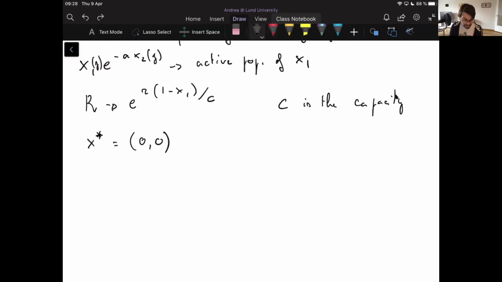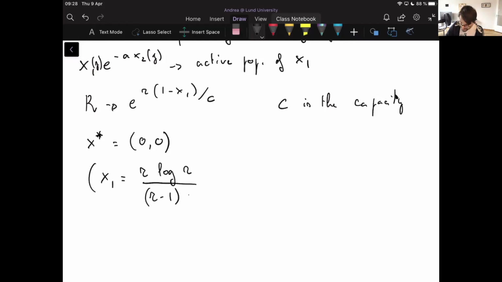But there is another fixed point. So I don't know how to denote that this is the one of the two fixed points that we have in this system. So I give you as an answer the fact that X1 is equal to r logarithm of r divided by r minus 1.